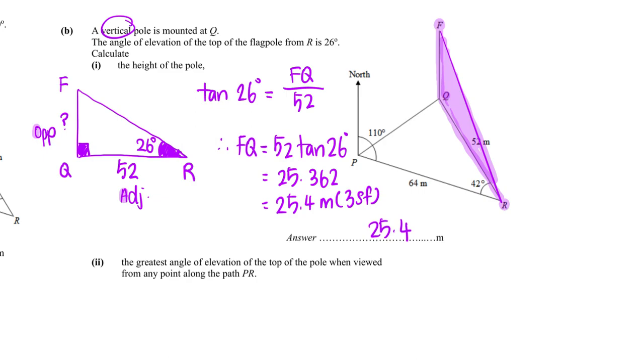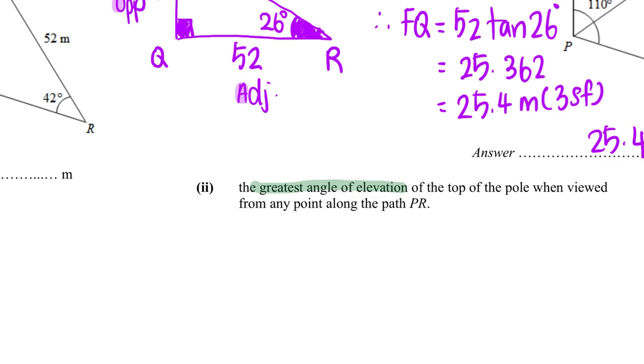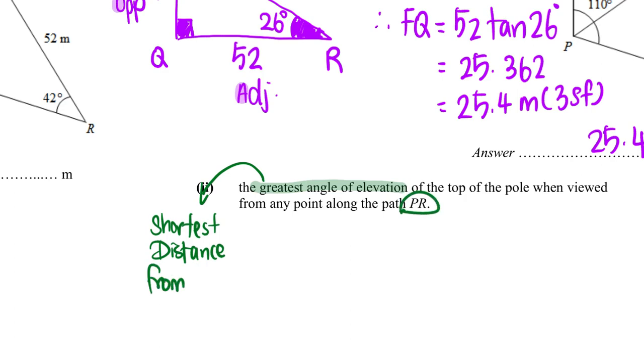Finally, the greatest angle of elevation at the top of the pole when viewed from any point along PR. Aha! Now this is important. Greatest angle of elevation will correspond to shortest distance. And since this is at Q, along PR, that means it is from Q to PR.